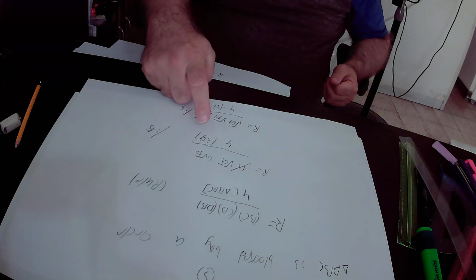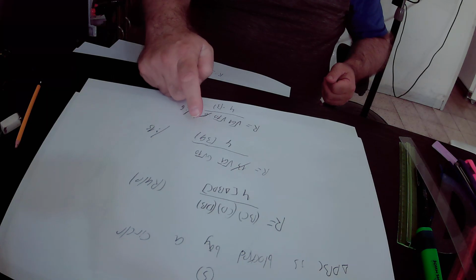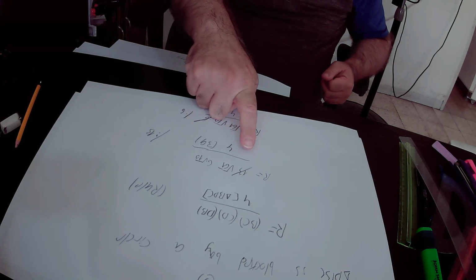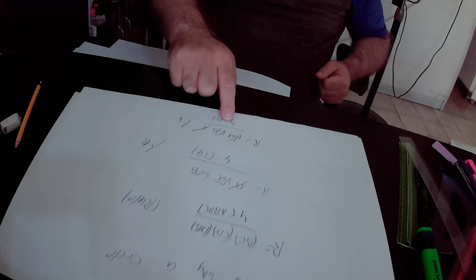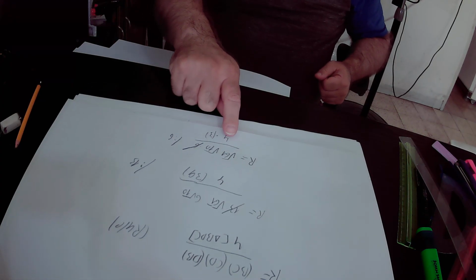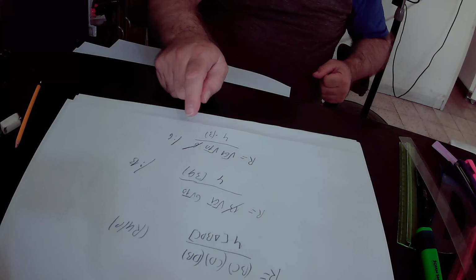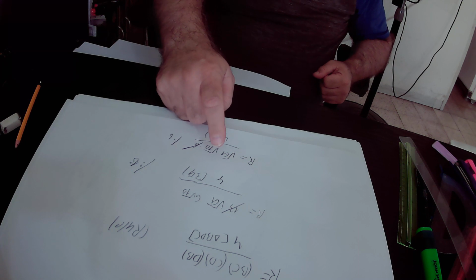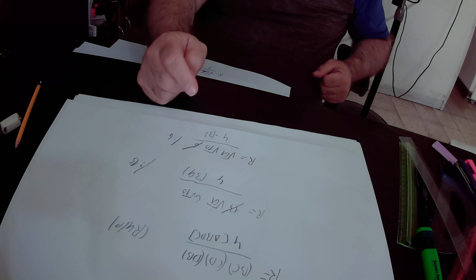Here we divided both the numerator and the denominator of this expression by 13. In the numerator we have 13 over 13 is 1, so 13 will get cancelled, and we are left only with the square root of 61 times square root of 10 times 6 over 4 times 39.